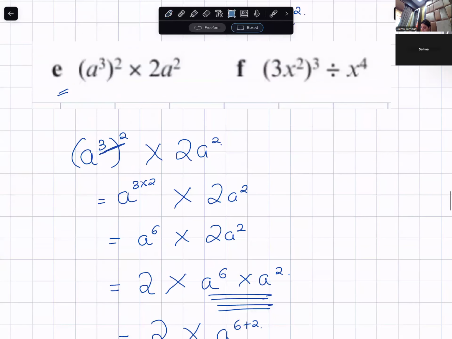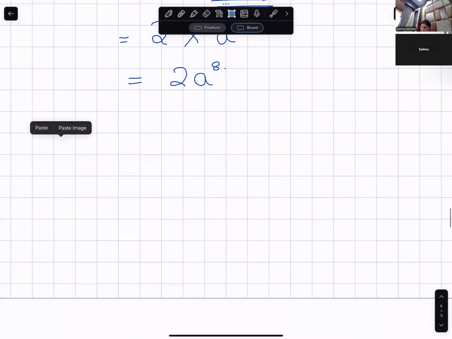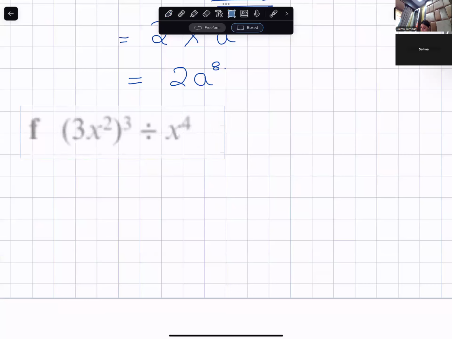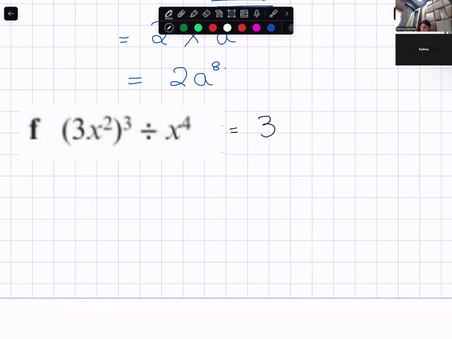Are you with me? Let's try the next one. Please try the next one. Base should be the same. Do I have the base as same? No. So my next focus would be to make the base same. So this would become 3x squared, the whole to the power 3, divided by x to the 4.